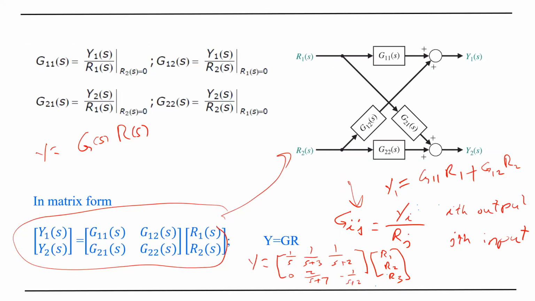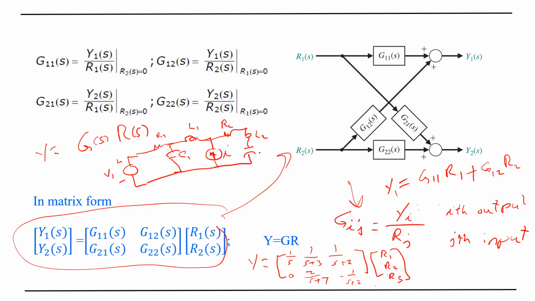What do I and J represent? Suppose I have a circuit with L1, R2, L2, C2.